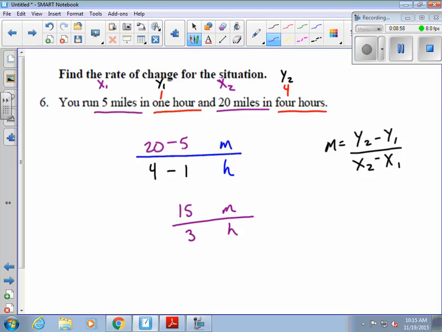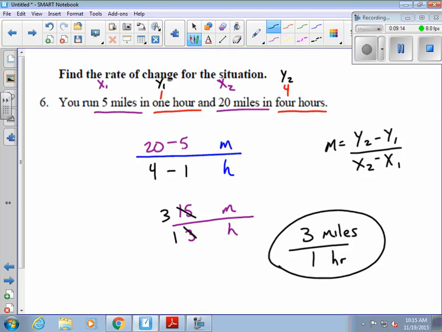The number 3 can go into these. It can go into itself 1 time, and into 15 3 times. So what we have is 3 miles per 1 hour. And that is your rate of change. Slope plus units, 3 miles per hour. And I messed up again.